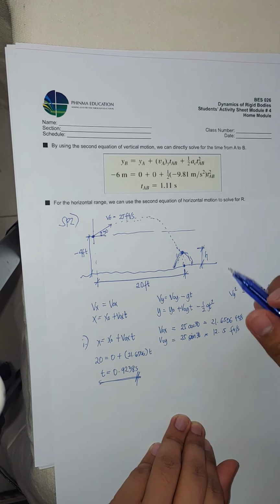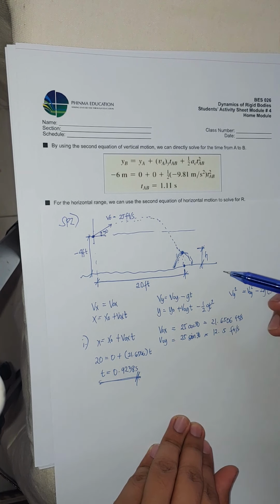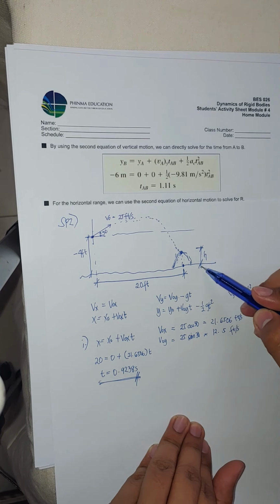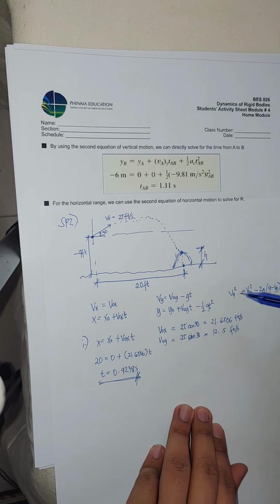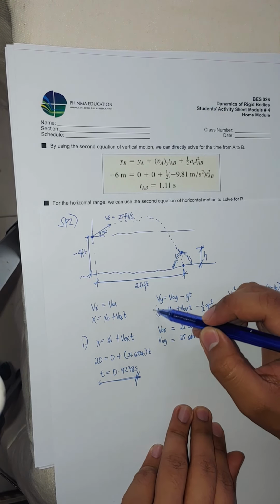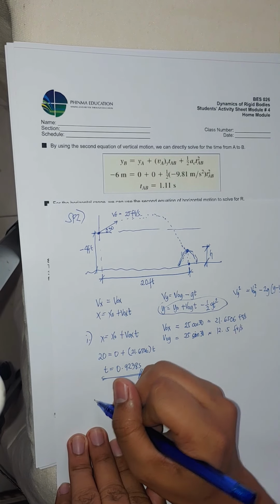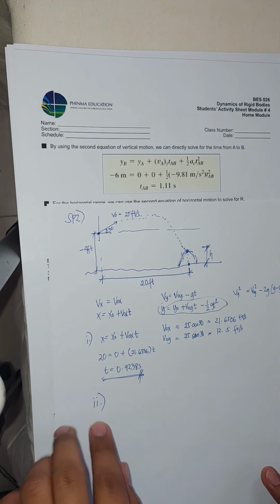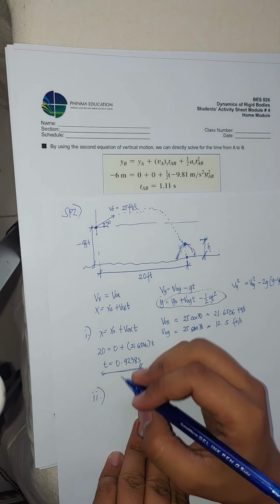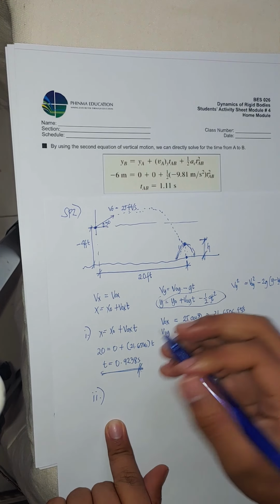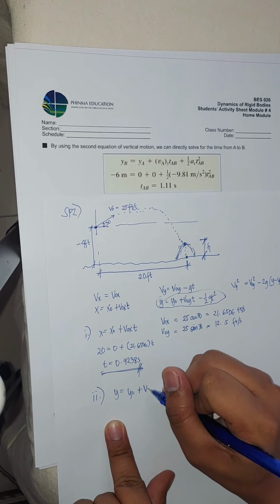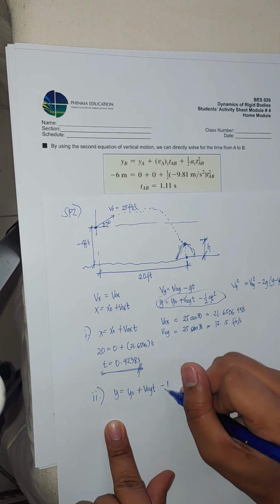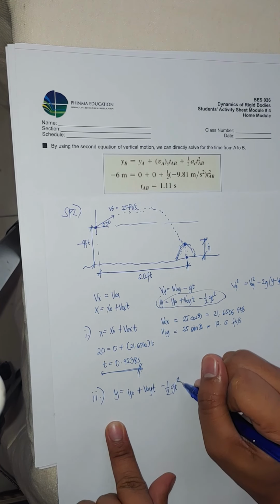Since we have solved for the time, and h is involved, we can now use this equation: y is equal to y naught plus Voy t minus 1/2 G t squared.